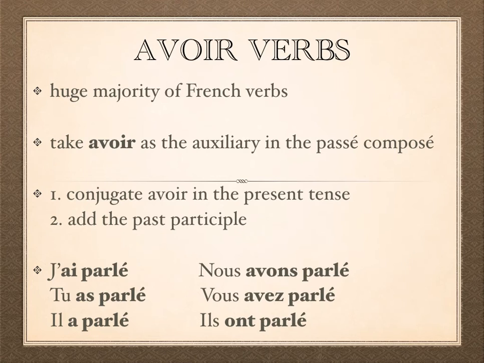So I spoke, j'ai parlé, you spoke, tu as parlé, he spoke, il a parlé, we spoke, nous avons parlé, you spoke, vous avez parlé, and they spoke, ils ont parlé. You can see that the past participle, parlé, is the same on all six. The only thing that changes is that conjugation of avoir.